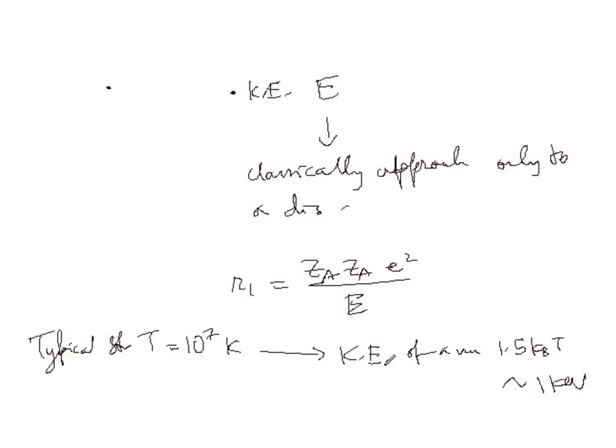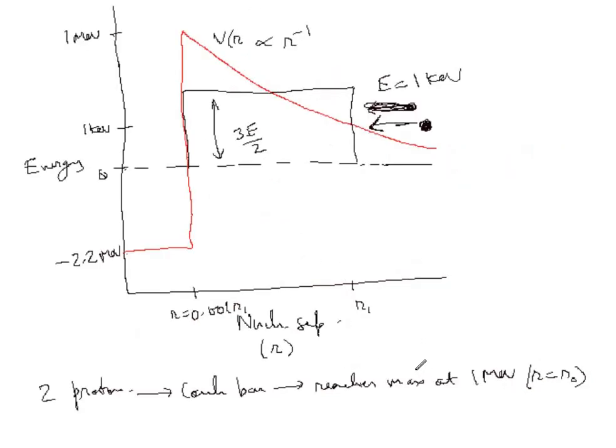Now typical nuclei will approach each other to a separation of the order of this R1, which is of the order of 10 to the power minus 12 meter. Again, this is 1000 times larger than the distance at which the strong interaction force operates. Now perhaps those nuclei that are in the high energy tail of the Maxwell Boltzmann distribution can overcome the barrier, right? Let's see.